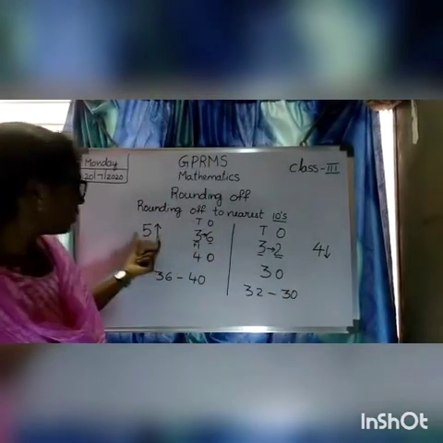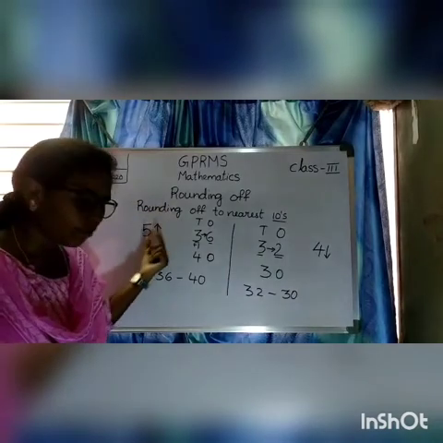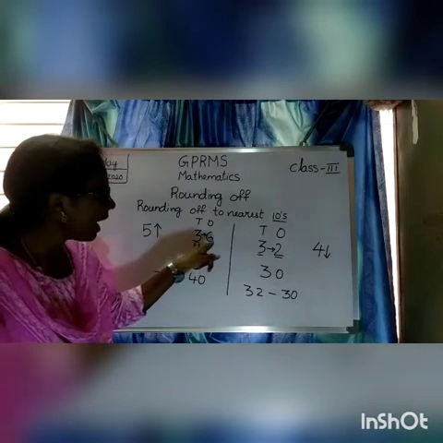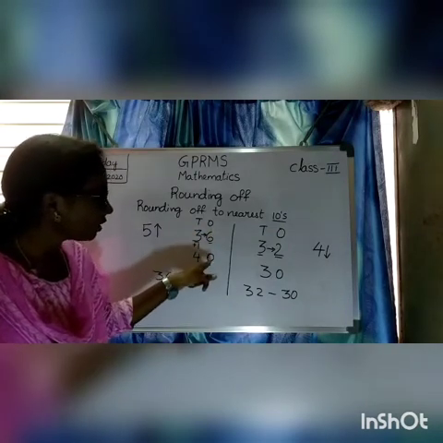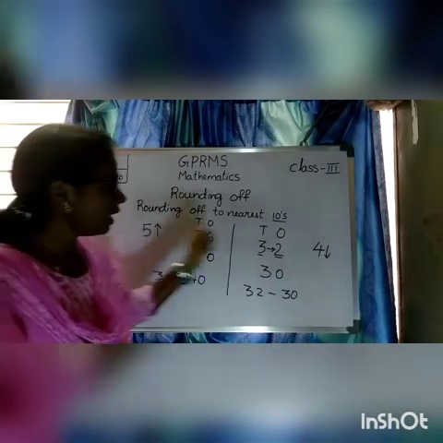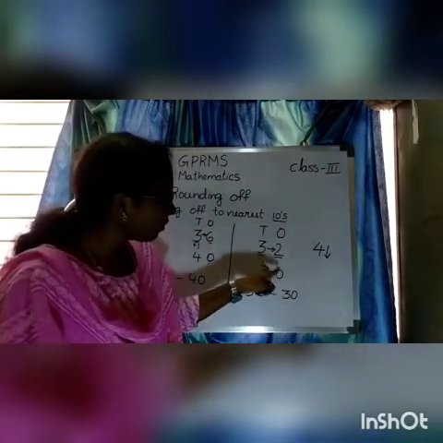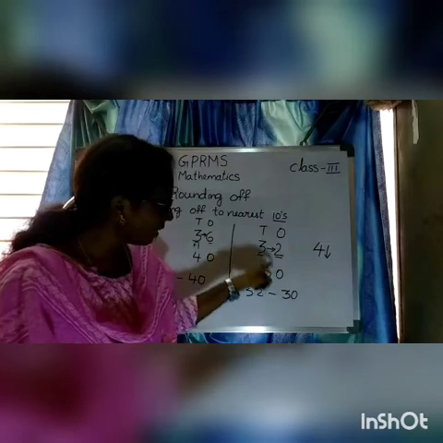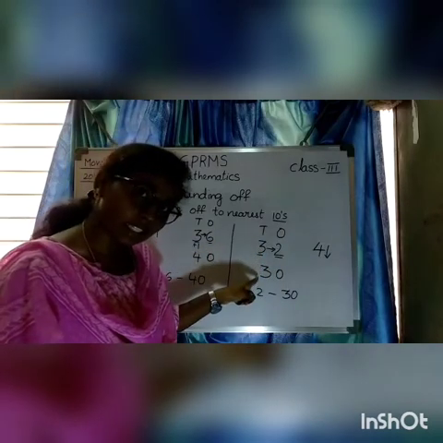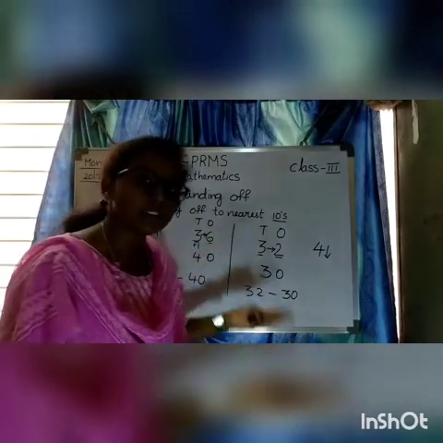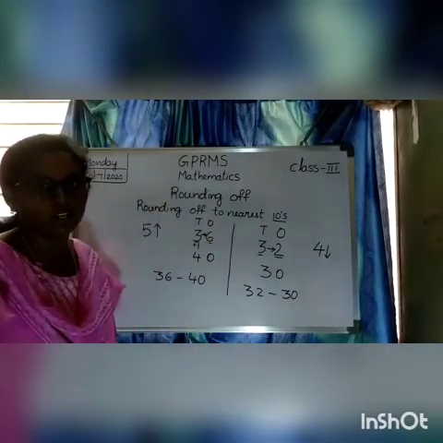Children, observe: 5 or more, we will add 1 to the tens place and keep 0 in the ones place. If the digit is 4 or less, then we will keep 0 in the ones place, and the digit in the tens place will remain as it is.